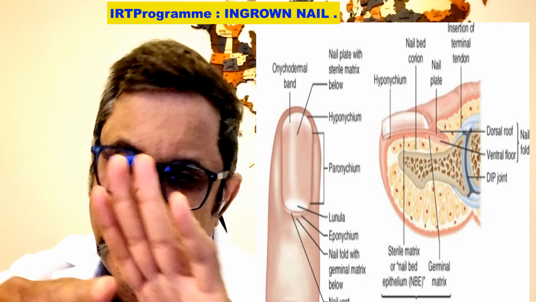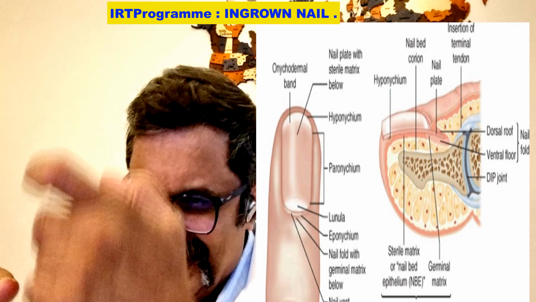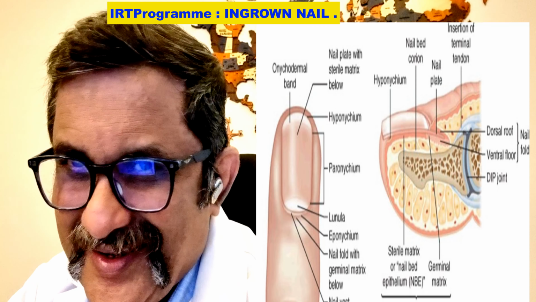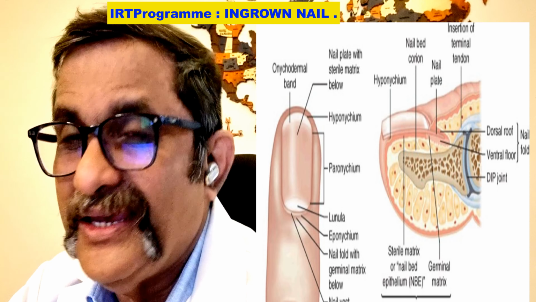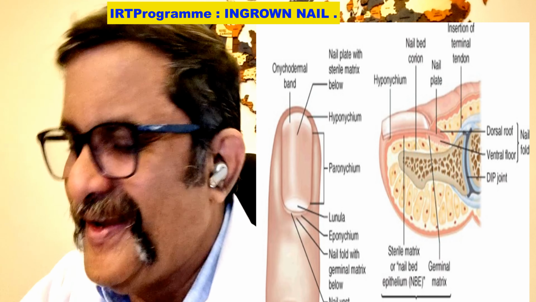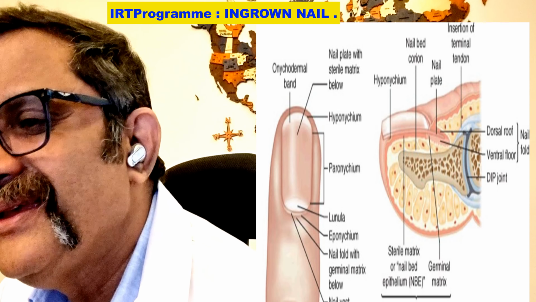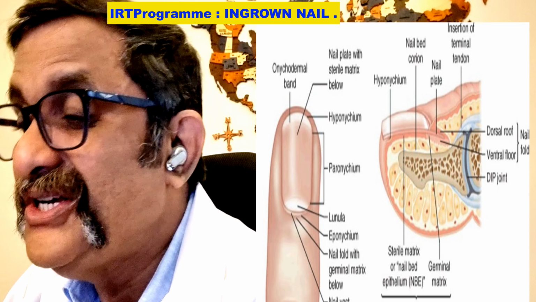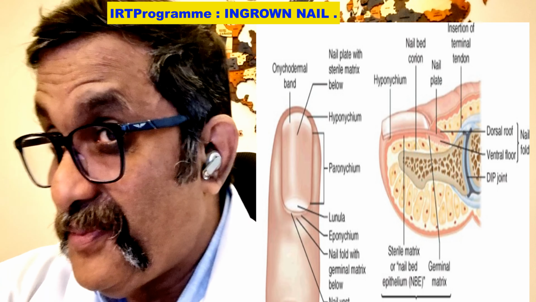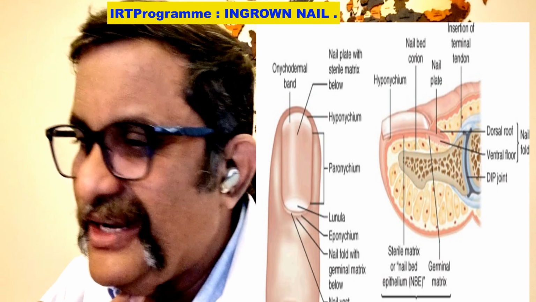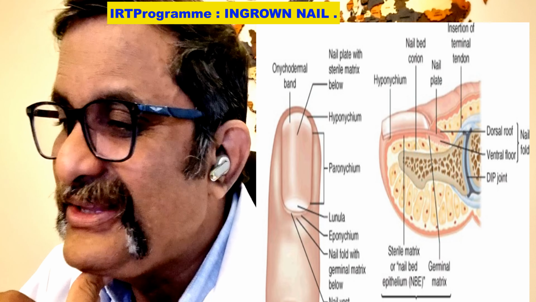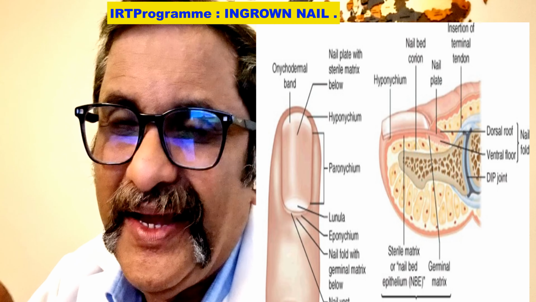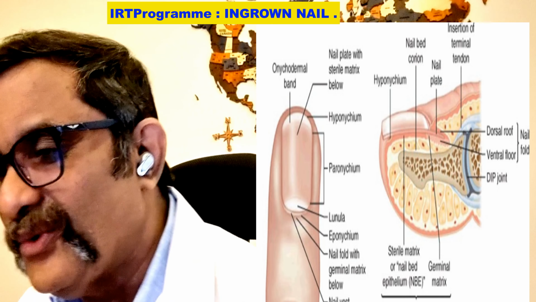Now when you come to the sagittal section of the nail, this gives more information. You have the hyponychium under the nail, you have a nail bed, chorion, nail plate, insertion of the terminal tendon into the proximal part of the distal phalanx, and then this nail plate has a dorsal roof and a ventral roof.